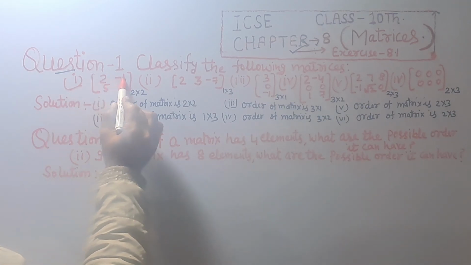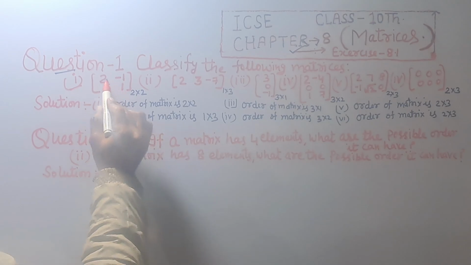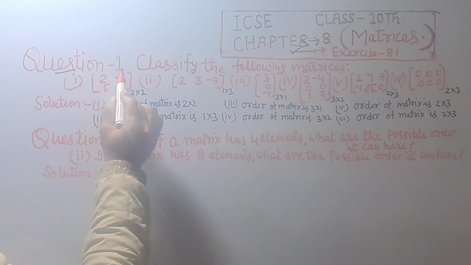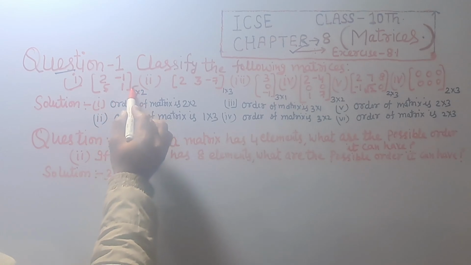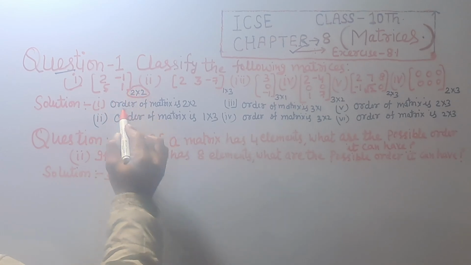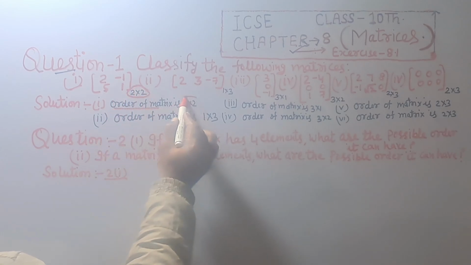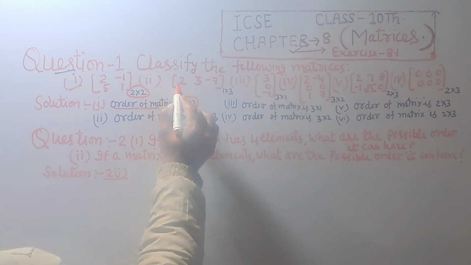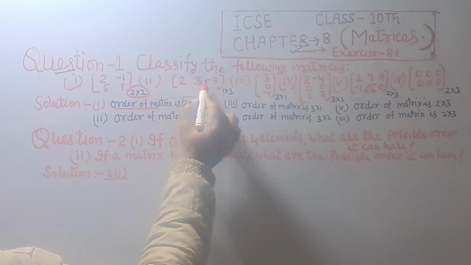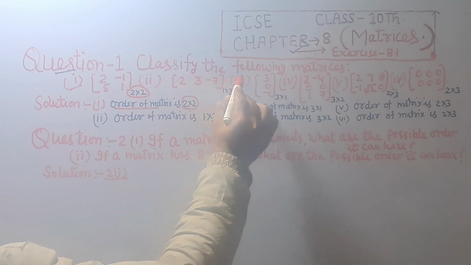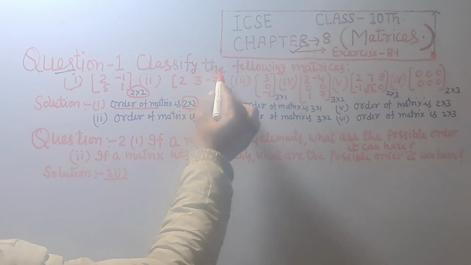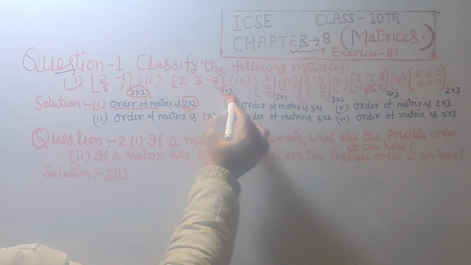First part is 2, minus 1, 5 and 1. First row, second row, first column, second column. That is 2 cross 2. So order of matrix is 2 cross 2. And second, 2, 3, minus 7. 1 row and 3 columns.